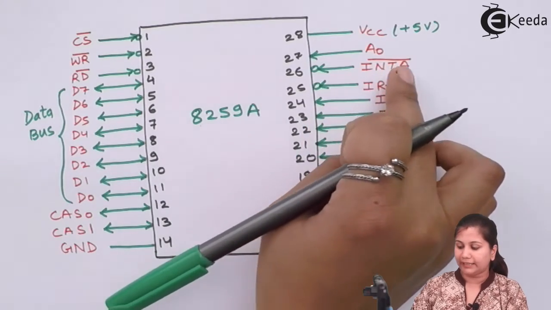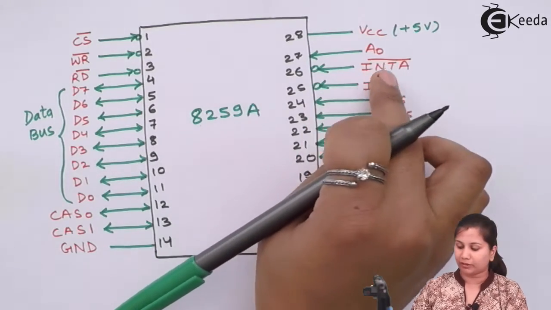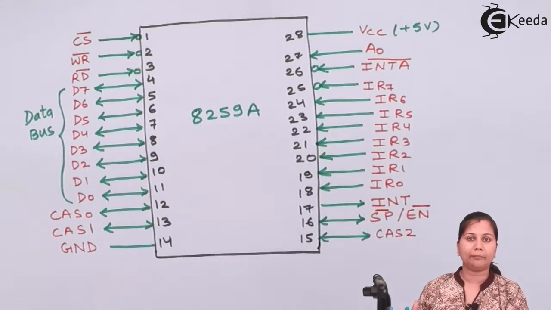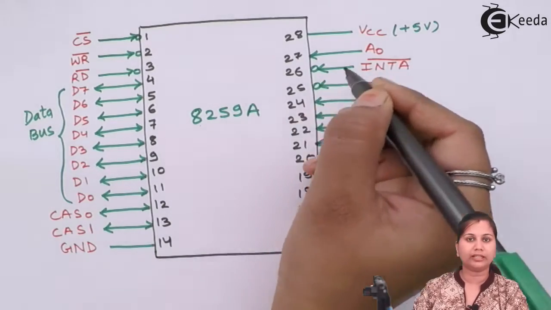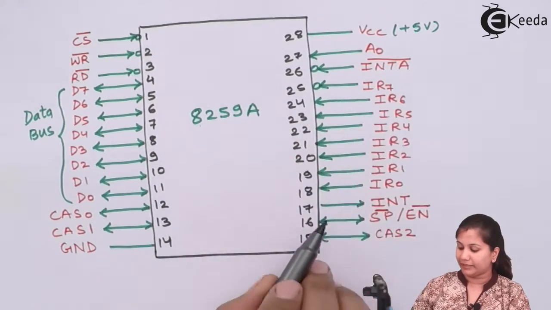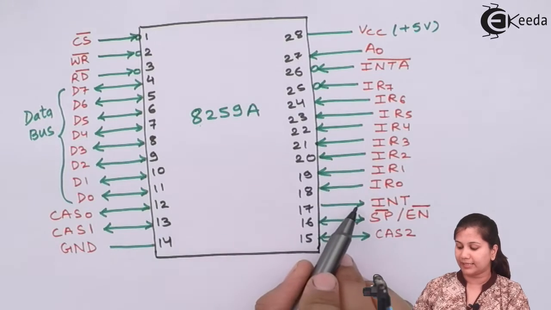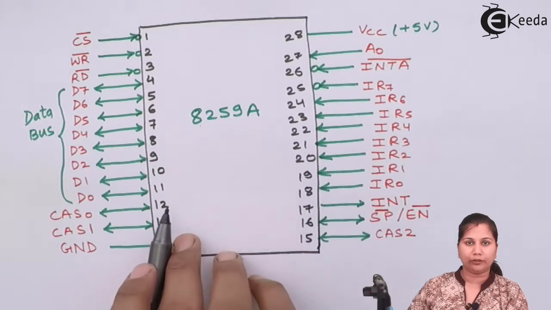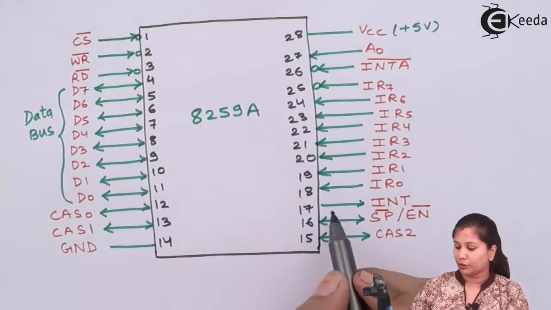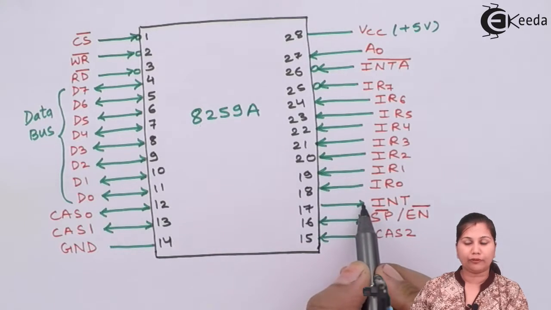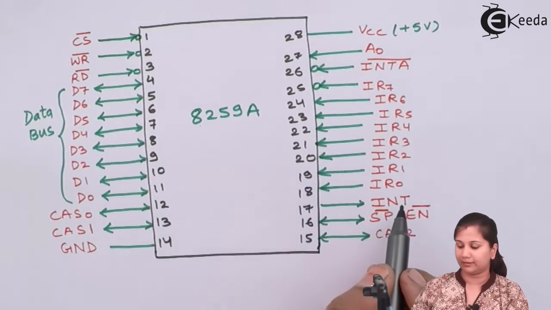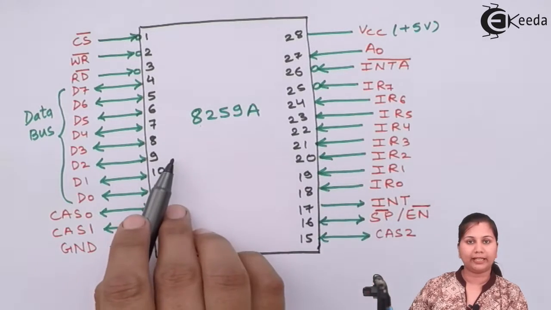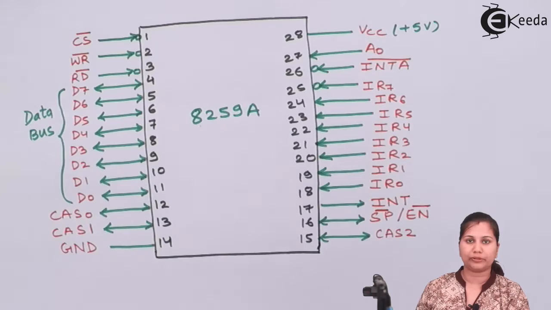INTA bar is an interrupt acknowledge signal which is provided by the microprocessor to the 8259 IC, so it is an inward coming signal. If it is outgoing, it means the signal is provided by the 8259 IC. So this arrow coming out means INT, the interrupt signal, is provided by the 8259 to the processor.